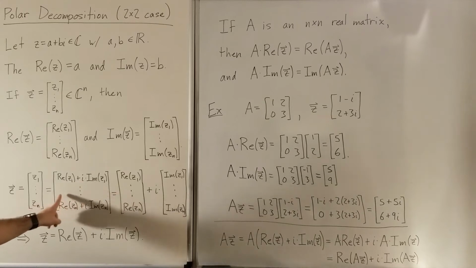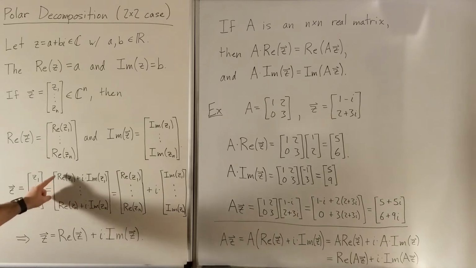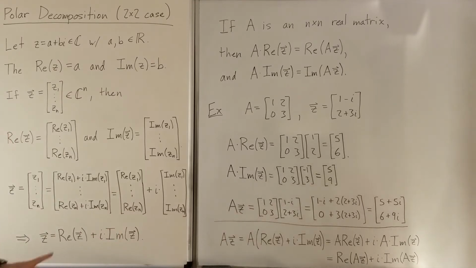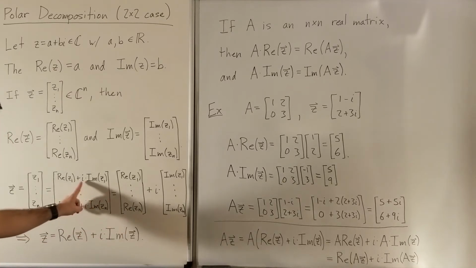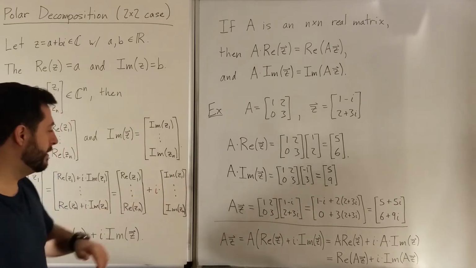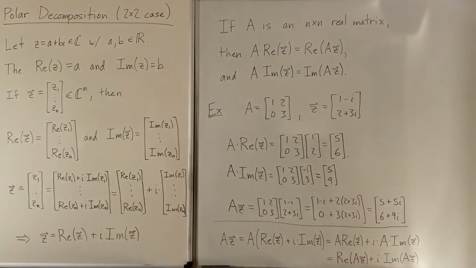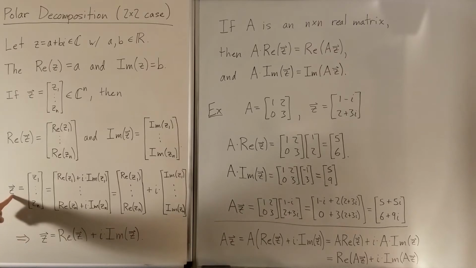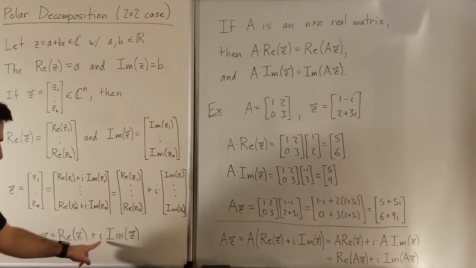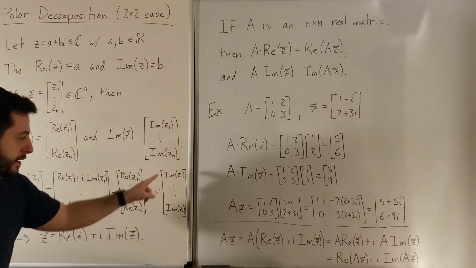And then we can split this up and say this is just a bunch of real parts made up into a vector, and then each of the imaginary parts has an i times in front of it, so we can separate that out into a vector, factor out the i times. And then we're just adding these two vectors together. And what that's saying is z can be thought of as its real part plus i times its imaginary part.